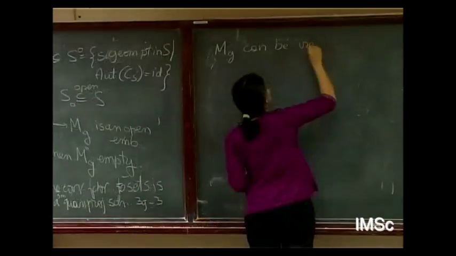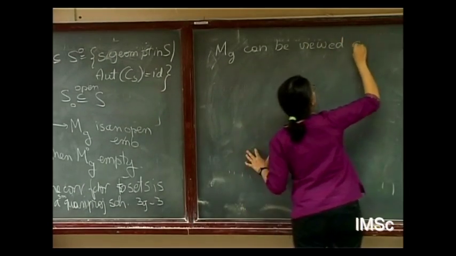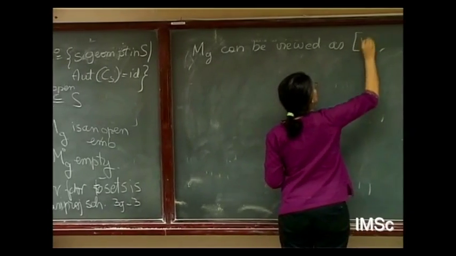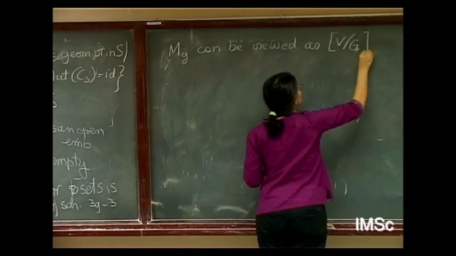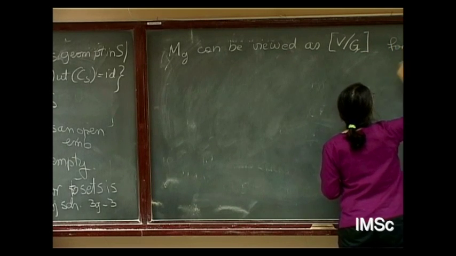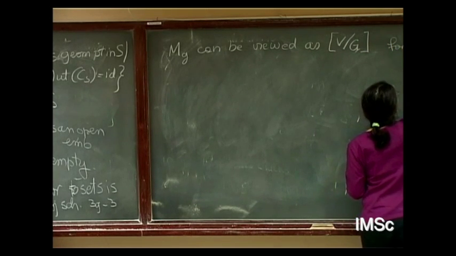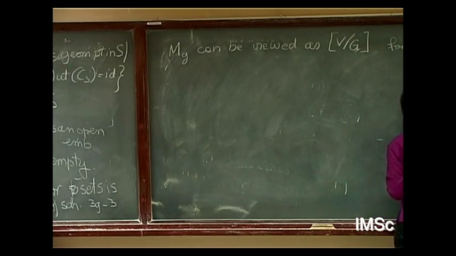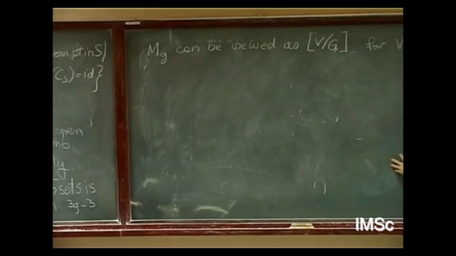So as the quotient stack, Mg is V mod G, for V a scheme and G a group scheme. And this is actually an absolute construction.